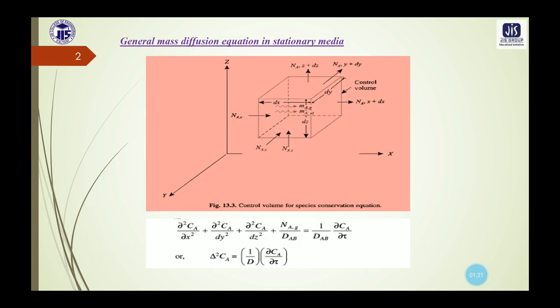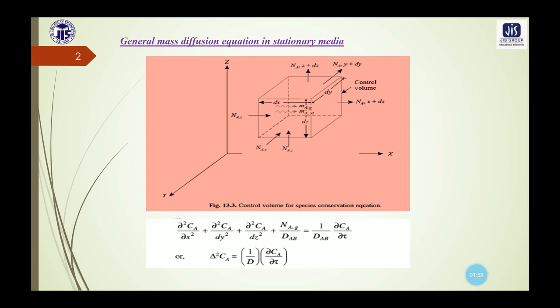First we will discuss the general mass diffusion equation in the stationary media. In conduction heat transfer, we have discussed the general differential equation for heat transfer. Now this general differential equation of mass transfer for any species can be derived by a similar process to the one we saw while deriving the heat transfer equation.